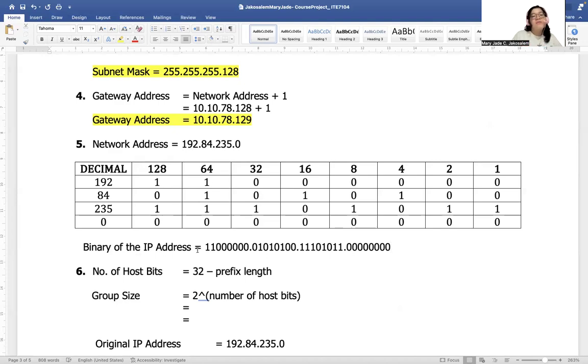So the binary of our IP address again is 11000000.01010100.11101011.00000000. It's quite long. So binary is long. This is our final answer for number 5.